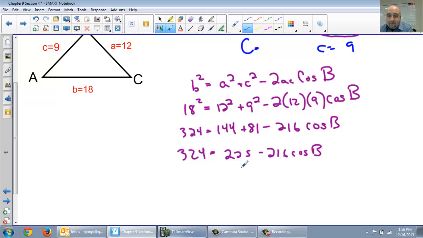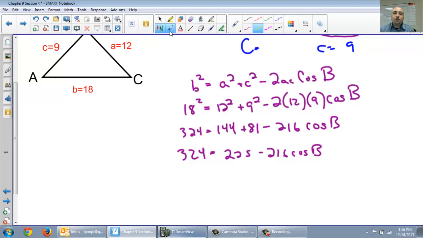You cannot do 225 minus 216, because this 216 has a cosine attached to it. So the only thing you can do is take away the 225 first and then divide by negative 216. That's what we're going to do next.